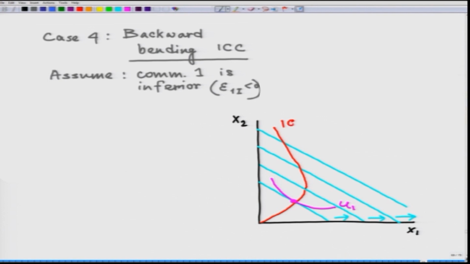So, you get a shape like this. So, basically we are talking about tangents like this.